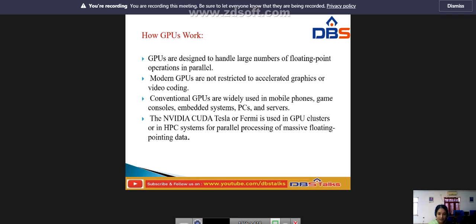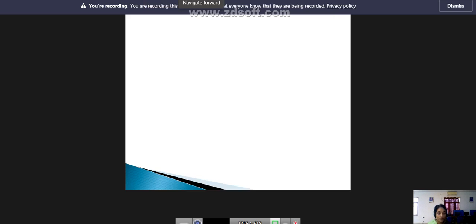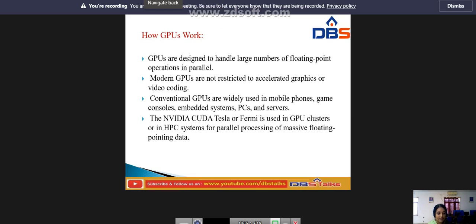This translates to up to 1024 threads executed concurrently on a single GPU. The CPU is optimized for latency caches, while the GPU is optimized to deliver high throughput with explicit management of on-chip memory. GPUs are designed to handle a large number of floating point operations in parallel, and they offload the CPU from all data-intensive calculations. This is how a GPU works.